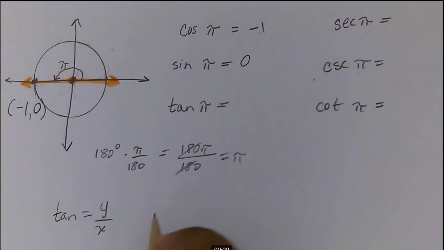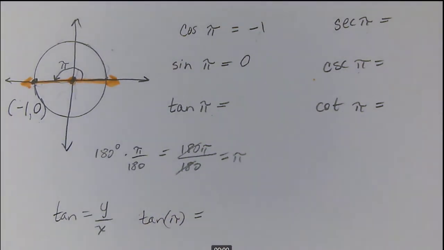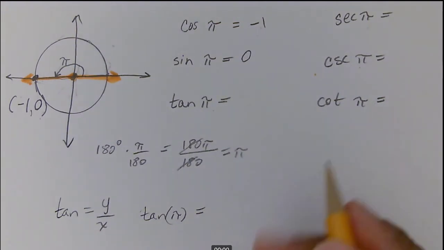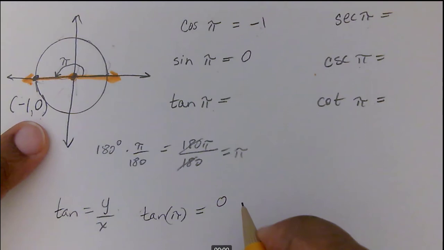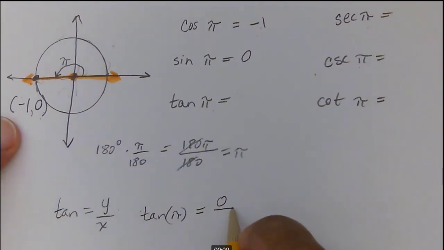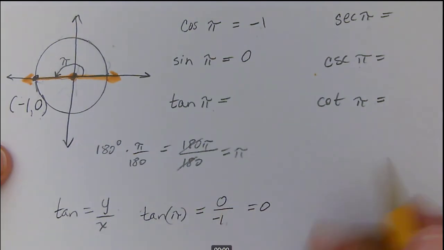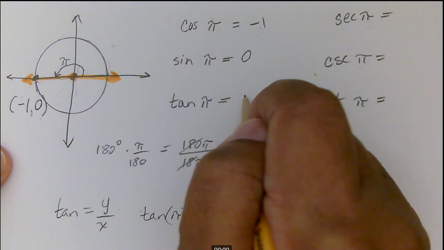So the tangent of pi, sometimes they would write it like this, tangent of pi, is equal to the y value, which is 0, over the x, which is negative 1. Well, this is just equal to 0. A 0 in the numerator is okay. Dividing nothing by negative 1, you have nothing. So our tangent here is 0.